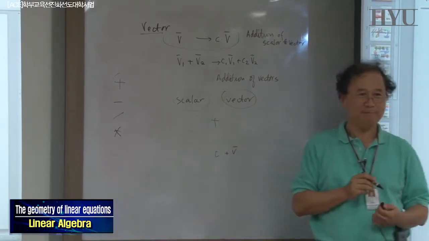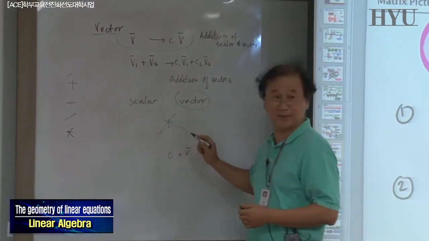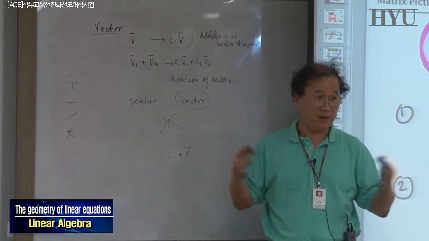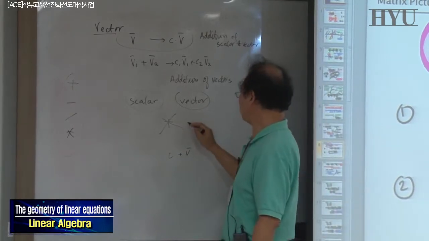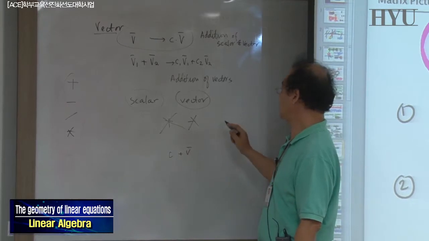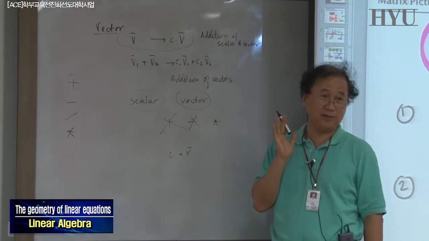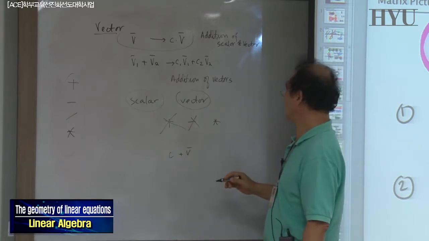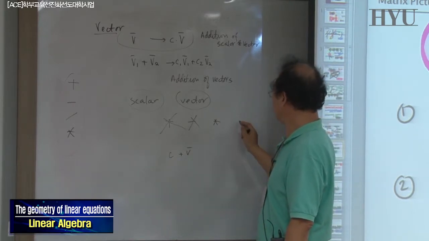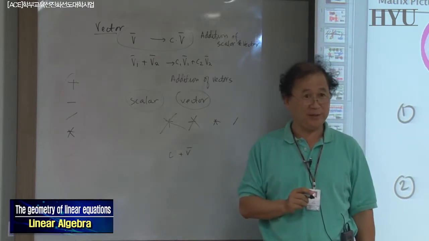Is it possible? It's illegal, right? It's different things, different animals. How about minus? Obviously no. How about multiply? That's already defined, right? How about division? Division is a little bit tricky, right?